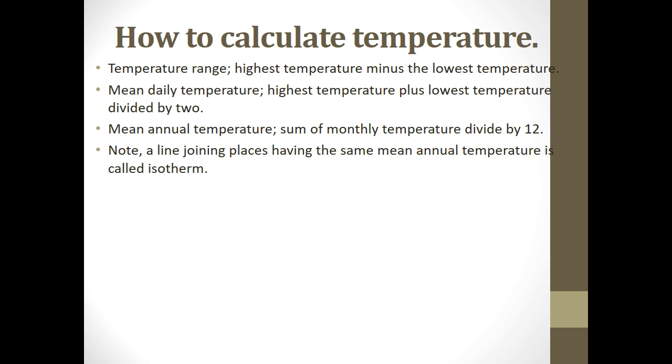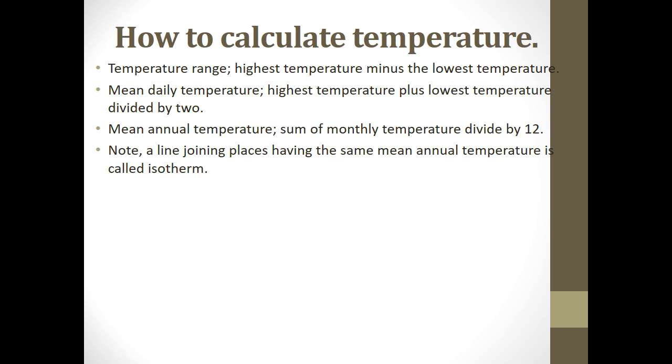The second one is the mean daily temperature. This one can also be calculated by adding the highest temperature plus the lowest temperature reached in a day divided by 2. The answer arrived at becomes the mean daily temperature.